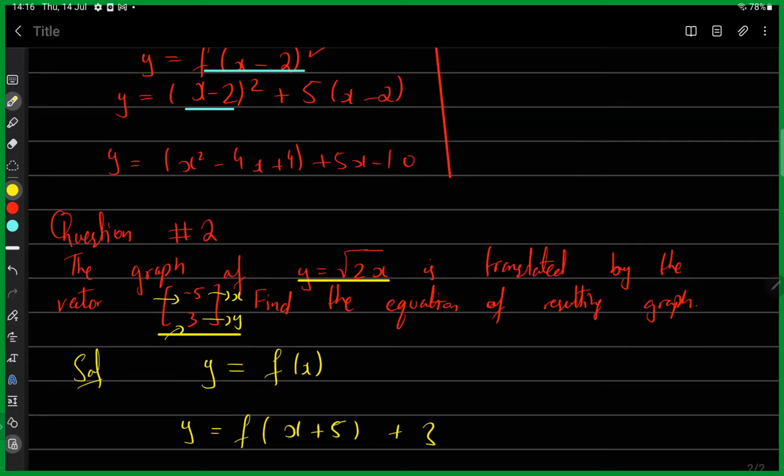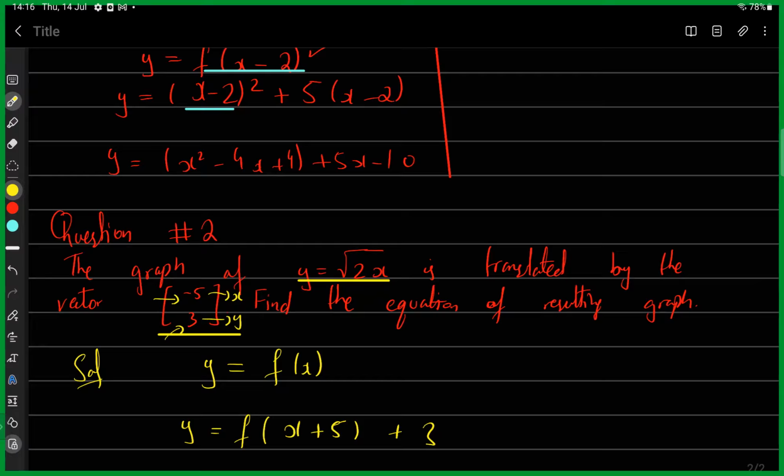We know that whenever we have +5, it would basically be shifted towards the left. And in order to shift it to the left side, every coordinate would be moved 5 units to the left. So that's why it's -5. I know initially it would be a bit complicated, but things would get better. Just know things are opposite for x.